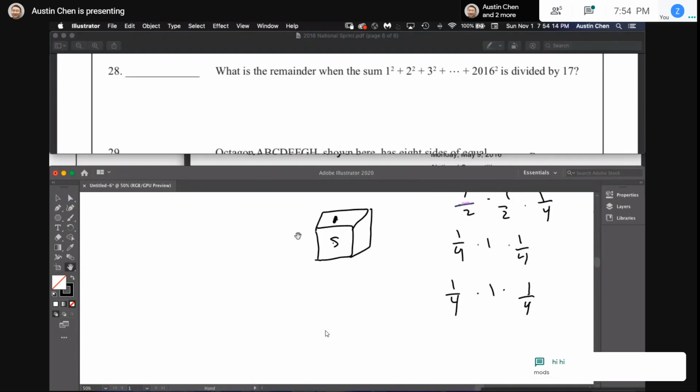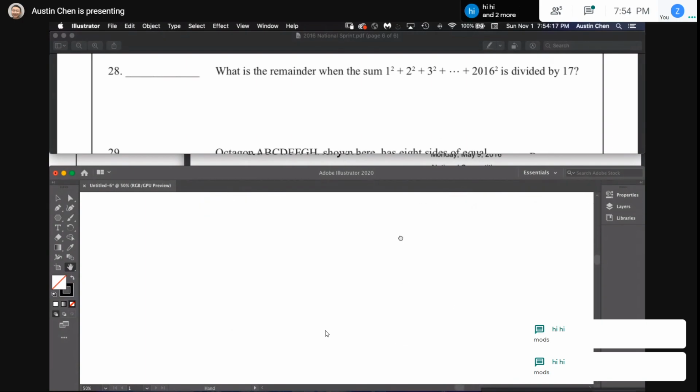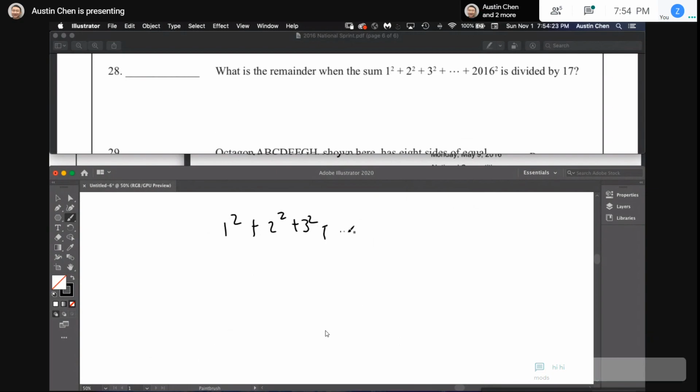Okay, let's move on. Number 28. What is the remainder when the sum of 1 squared plus 2 squared plus 3 squared plus dot dot dot plus 2016 squared? Oh, you're saying mods. Yeah, mods are probably good here. But I think there's actually a better way to do this that I really like.